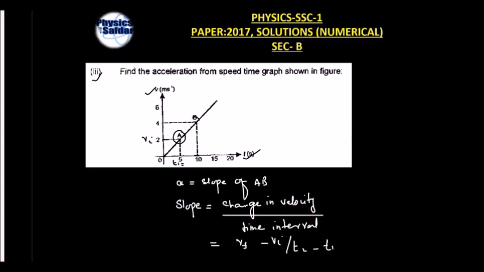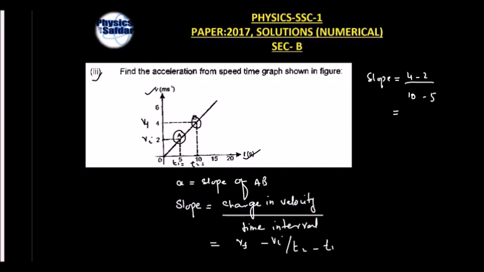This is the second point, that is B. You can take time t2, that is 10 seconds, and final velocity 4 meter per second. So we can write slope is equal to final velocity minus initial velocity, 4 minus 2, divided by t2 minus t1, 10 minus 5.